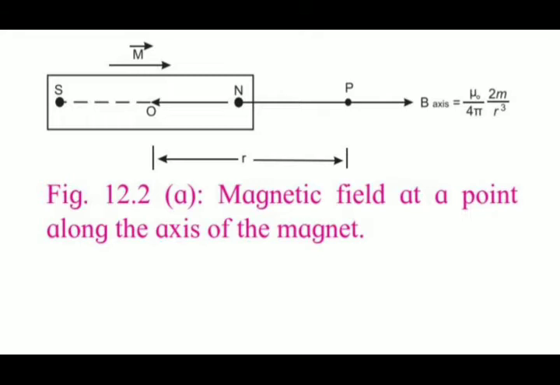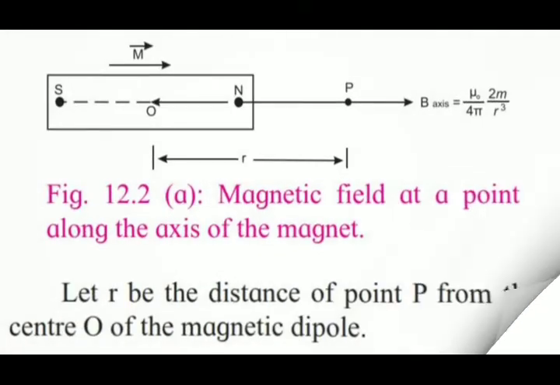NP is r minus L. You can see in the diagram, we subtract the value of ON from OP to get NP, because OP is ON plus NP. So NP is OP minus ON, that is r minus L.